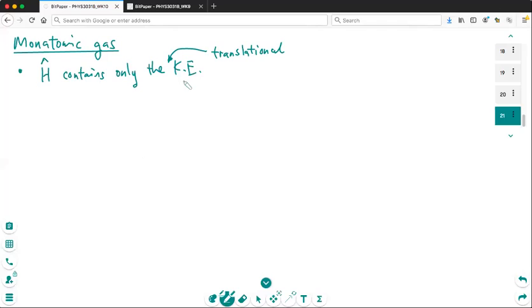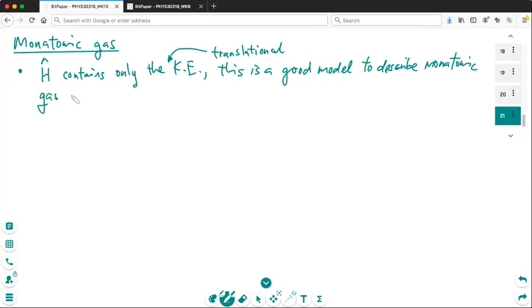So what can we get? This is a good model to describe monatomic gas, for example argon gas or helium gas, if you like, but not oxygen, not carbon dioxide, not nitrogen.